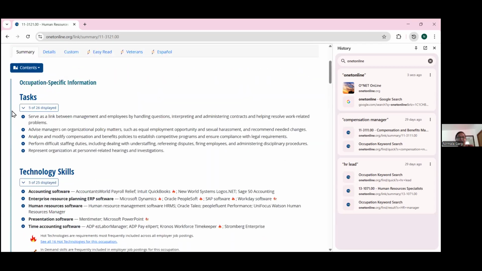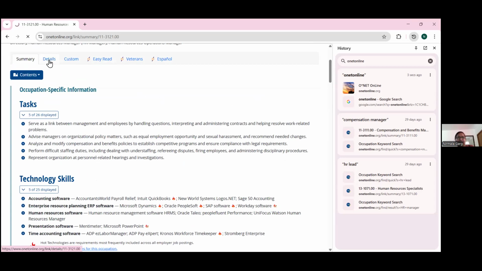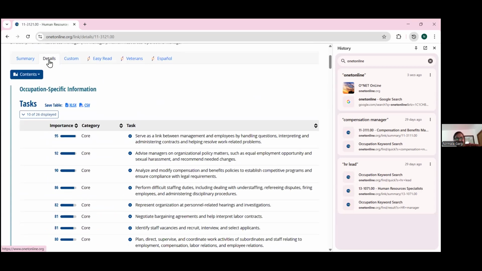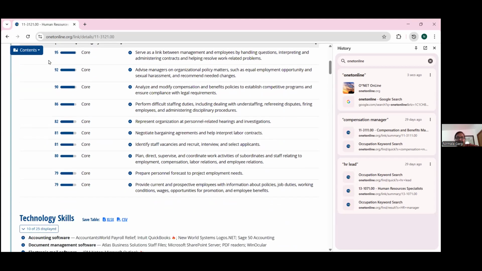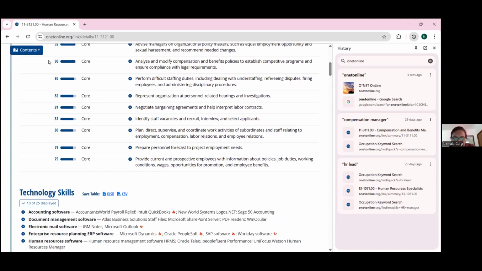Now, you can actually get a detailed benchmark position. It lists out in detail all the tasks, like, for example, advises managers on organization policy matters, analyzes and modifies compensation, performs difficult staffing duties, etc. What I actually do is use a Google form and send it to 5 or 6 key stakeholders and say, please tick, add, or delete if you think this role does not do those things.